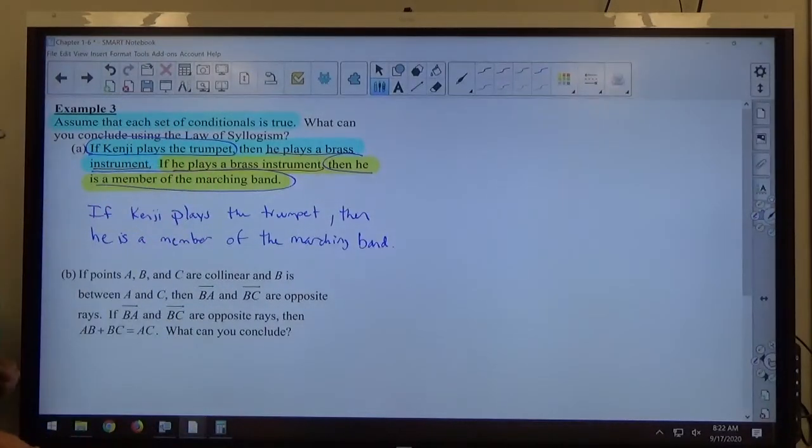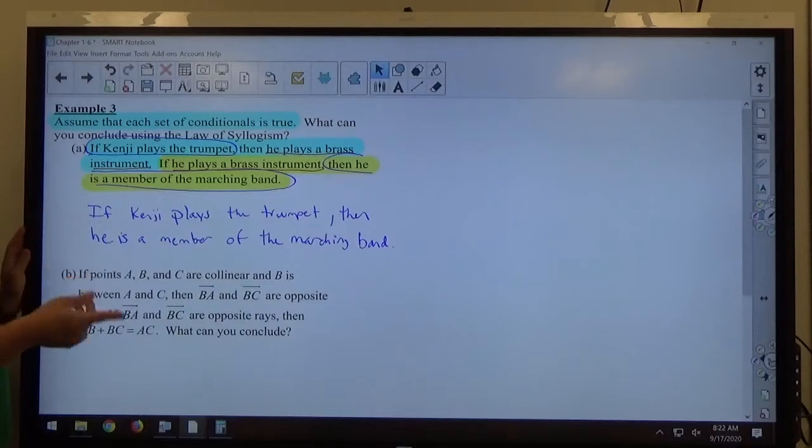Okay. One other thing they could do with these down the road, maybe even in this assignment, they might combine the law of syllogism and the law of detachment together into a problem like this. They might say all this stuff here, right? If Kenji plays the trumpet, then he plays a brass instrument. If he plays a brass instrument, then he's a member of the band. And then they might continue and say Kenji plays the trumpet, right?